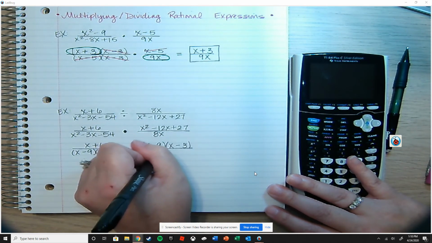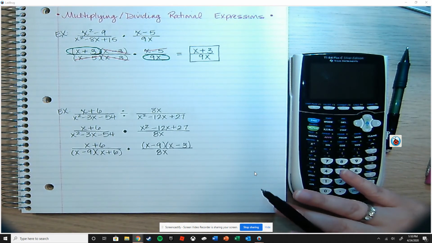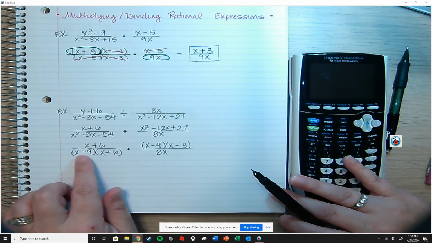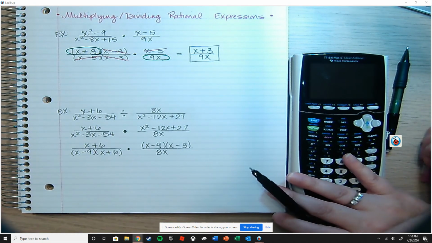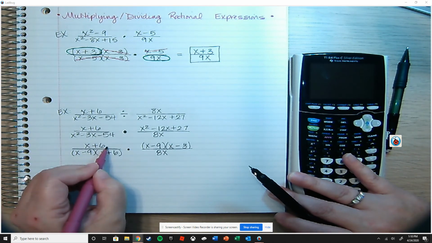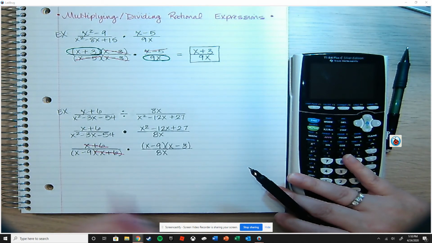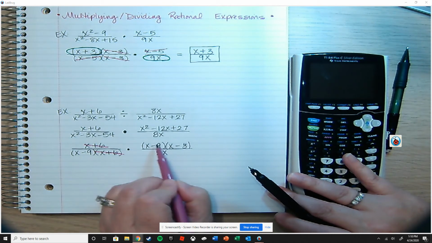All right, so now, just like the previous problem, if there's something in the numerator anywhere in the problem that matches with something in the denominator, I can eliminate. So I have an x plus 6 here, x plus 6 here, I eliminate. I have an x minus 9 here and an x minus 9 over here.